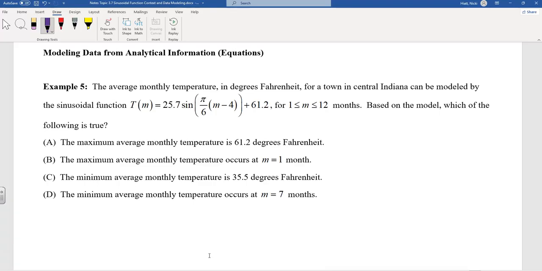So they talk about the average monthly temperature, but we have to keep in mind that that is a measure that we're looking at, and we need to be careful with reading that as the average of the average monthly temperatures, right? The average of the average monthly temperatures, that's your midline.